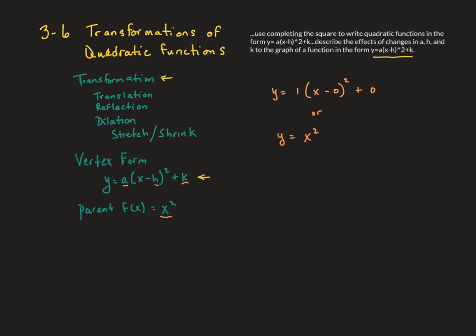So we have moved side to side 0, we have moved up and down 0, and we are neither stretched nor shrunk, because we are just by a factor of 1, which is itself. So that's what we're going to be looking at as we start to examine these transformations.